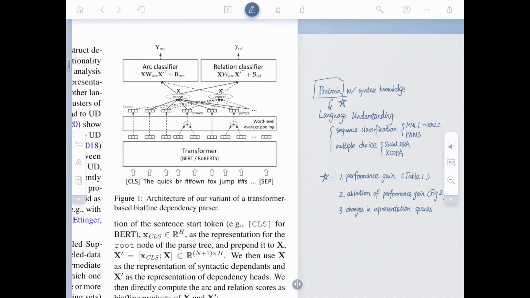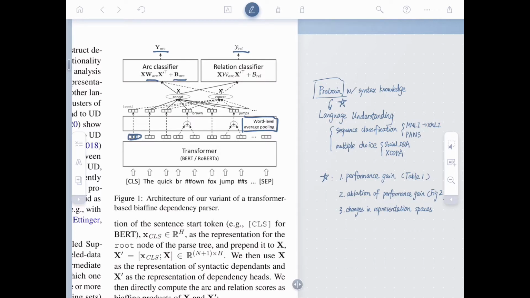How do they inject syntactic knowledge, as represented by the arc and the relation signals in the Universal Dependencies dataset, into the model? They first pass the sentences into the transformer, take the output, pass it through word-level average pooling, and then use two projection matrices, one called W_arc together with b_arc.